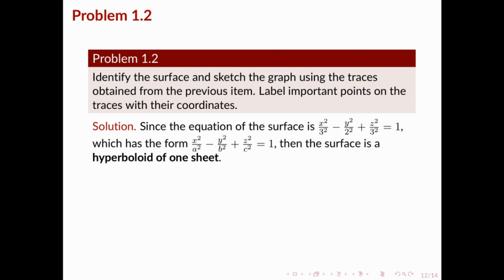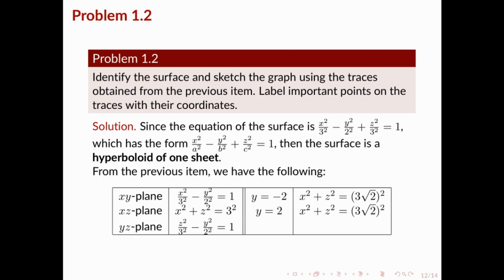Anyway, from the previous item also, we got the traces of the surface with regards to 5 planes. The 3 coordinate planes and y equals negative 2 and then y equals positive 2. So, once again, we can also use those. We can draw these traces on the graph in 3D. And we're going to end up with something like this.